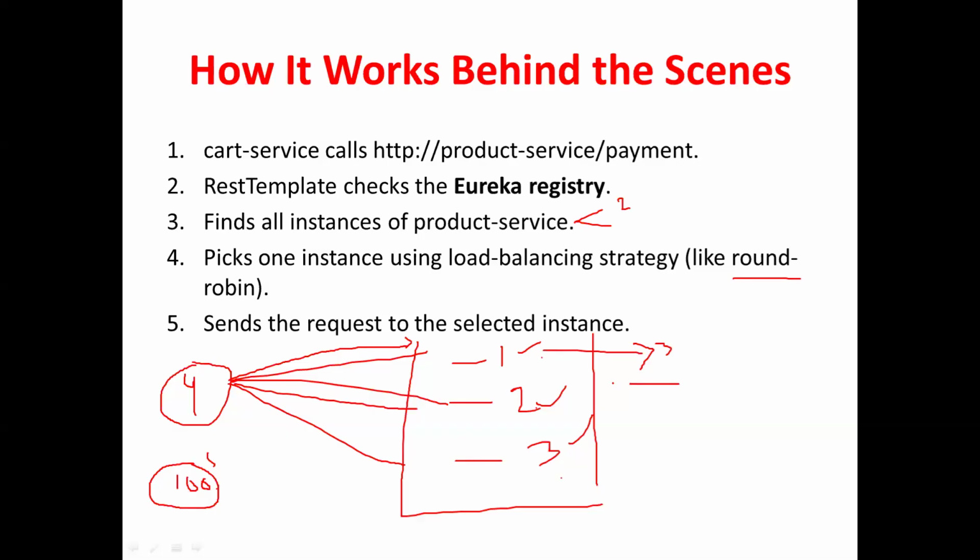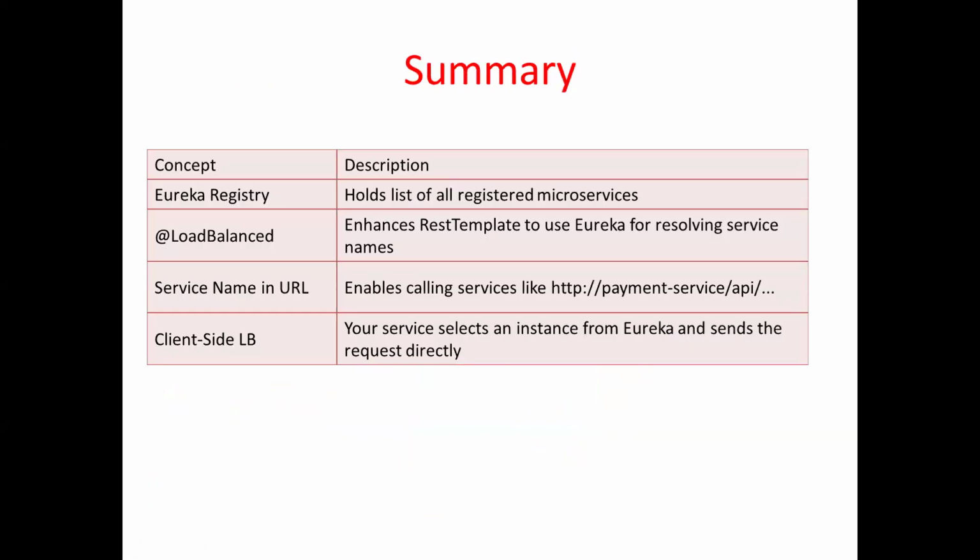Yes, sir. Okay. Now we need to send the request to the selected instance. This is what we need to implement in our application as well. Overall summary: the Eureka registry means holding the list of all registered microservices.